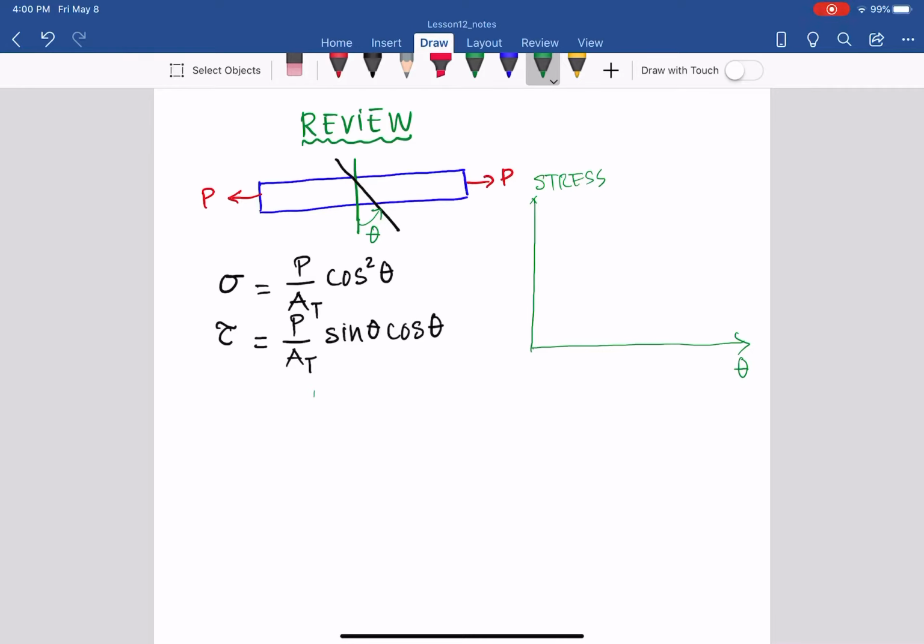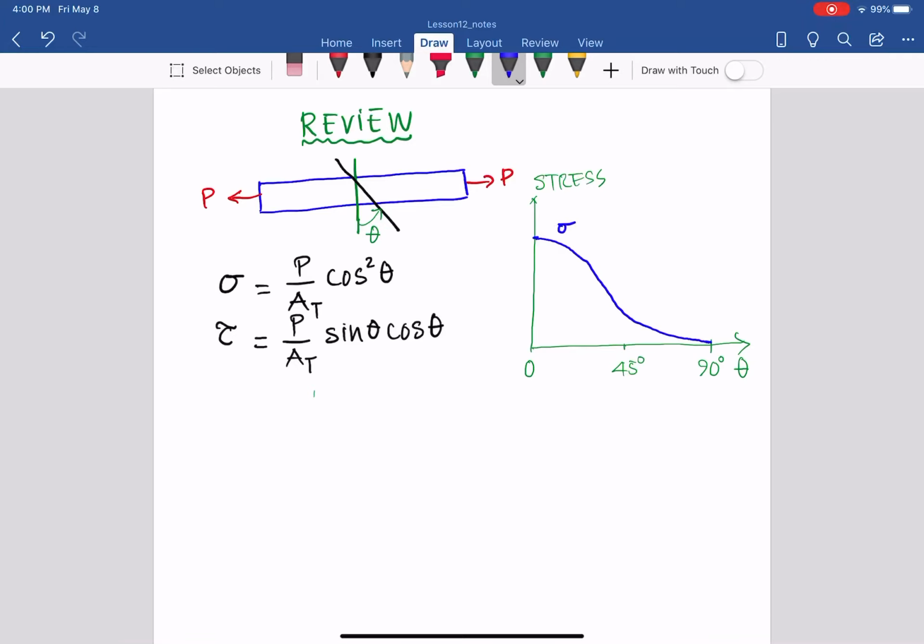For the normal stress in blue, as you can see, it gets maximum at angle theta equal to 0, and then at 90 degrees the sigma is 0, and the other angle that we want to deal with is 45 degrees. So what is the behavior of the normal stress sigma? It will be maximum at that point, it will be a curve, and then it goes to 0 at 90 degrees. So that is sigma.